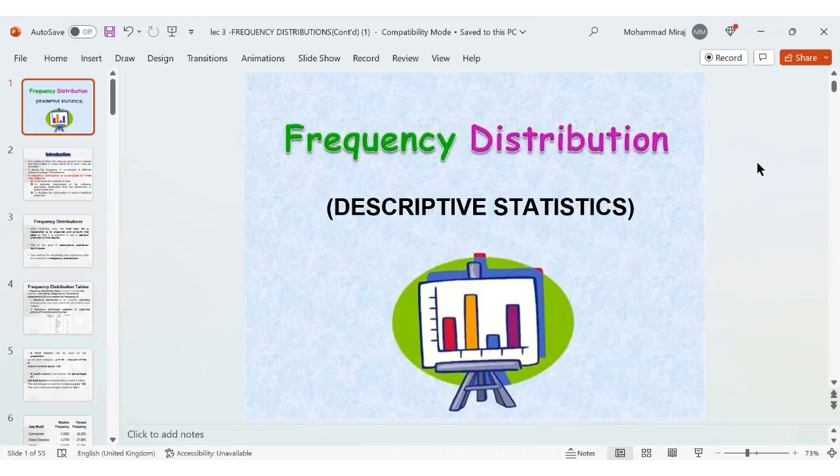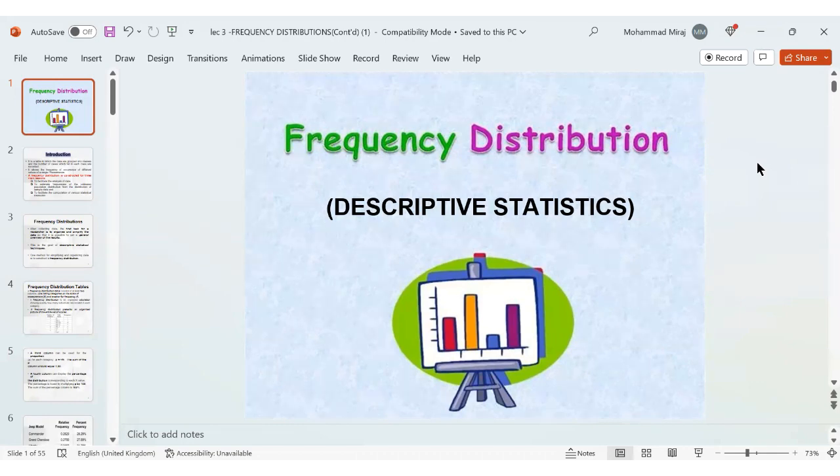All the data are divided into two categories: one is descriptive statistics, another is inferential statistics. Descriptive statistics means, in simple words, when you describe a data.